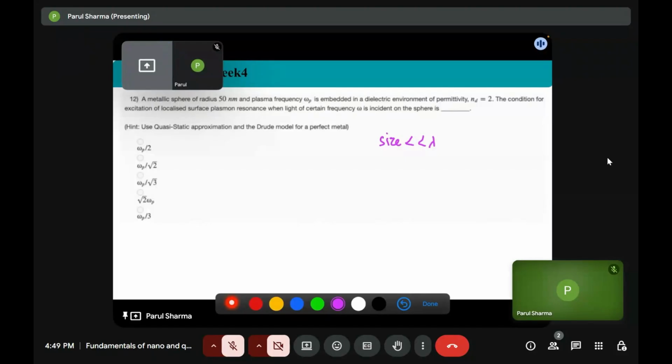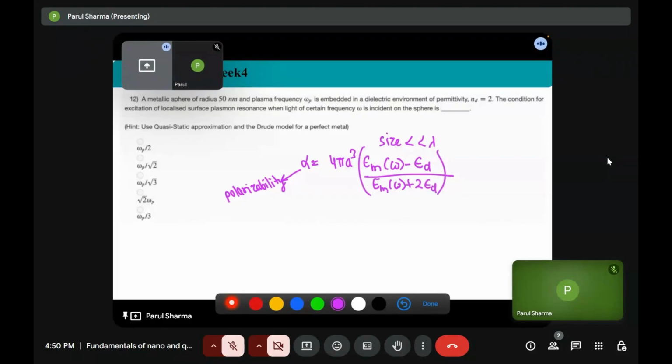So we have to find the frequency at which the LSP will be excited. We know that alpha is equal to 4 pi a cubed times epsilon m minus epsilon d over epsilon m plus 2 epsilon d.